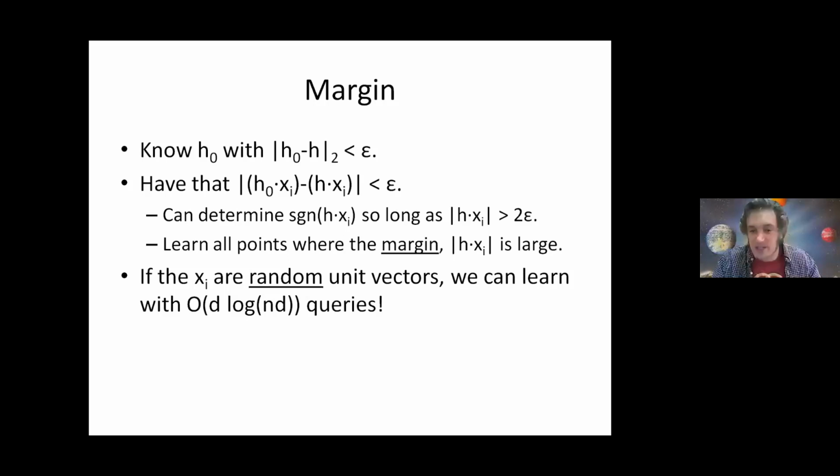We would approximate H to really good accuracy, use that approximation to approximate all the dot products, and we'd be in good shape. Similarly, as was mentioned, if there's a separation between the positive examples and the negative examples, that basically says that these points have large margin. Under such an assumption, we can learn all the points in a pretty reasonable number of queries.